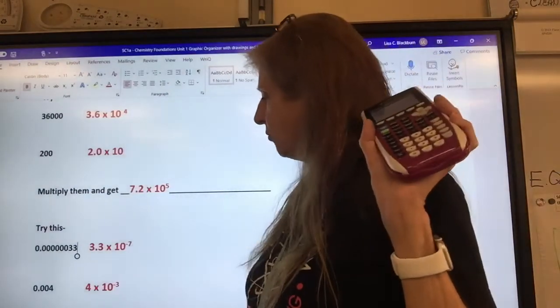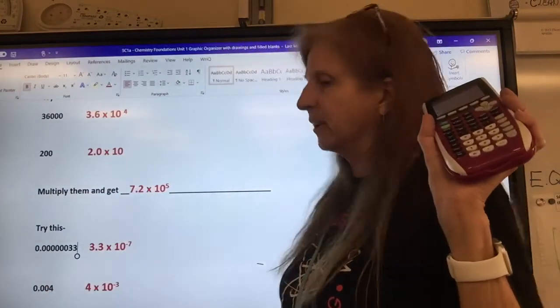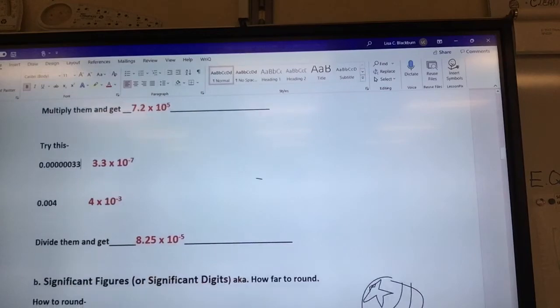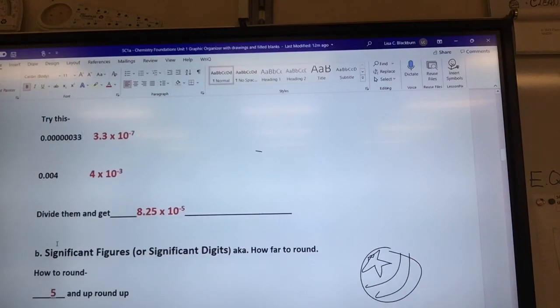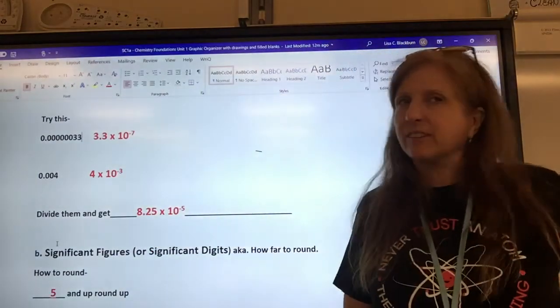Okay, and then here's 4. 1, 2, 3 places. 4 times 10 to the negative 3rd. Put those two in your calculator. And this time I want you to divide them and see if you get 8.25 times 10 to the negative 5th. Don't you feel smart doing this fancy math? We're doing fancy math.